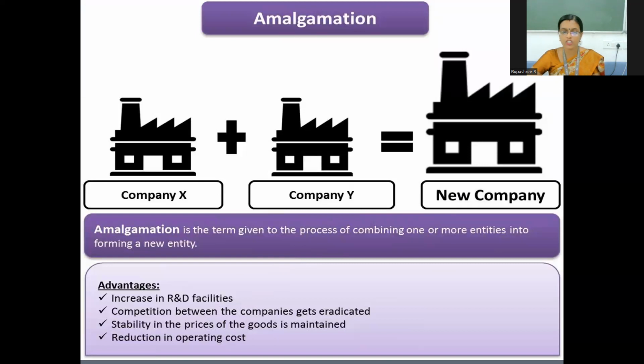Secondly, the cutthroat competition prevailing in the market can be reduced drastically. Thirdly, the prices of goods sold in the market can be stabilized. And lastly, to reduce the operating cost. These are the major reasons why companies go into amalgamation.